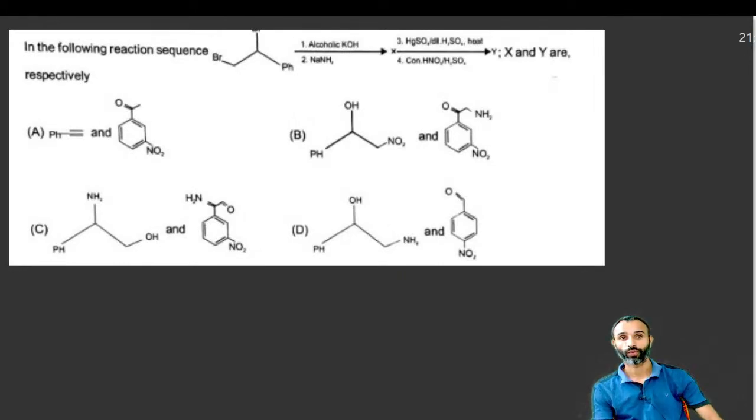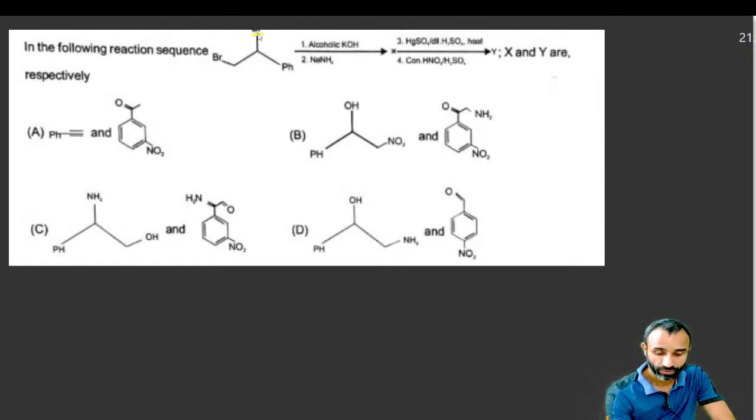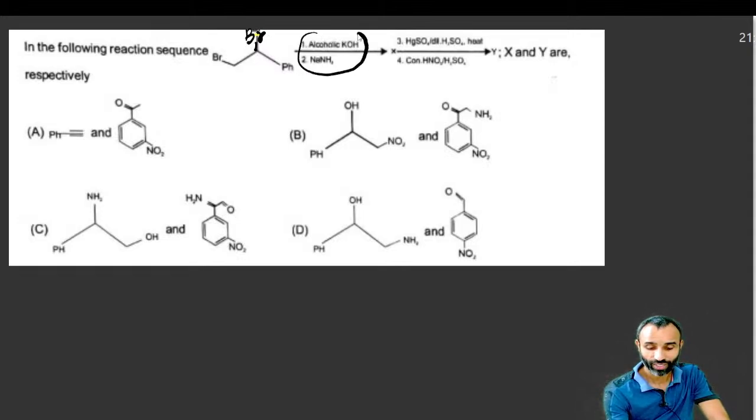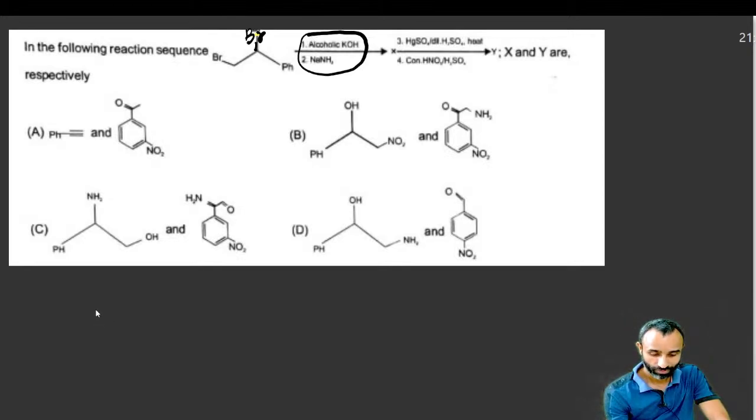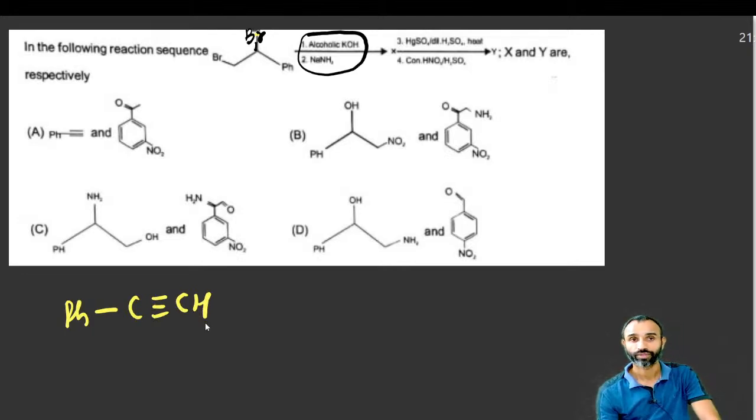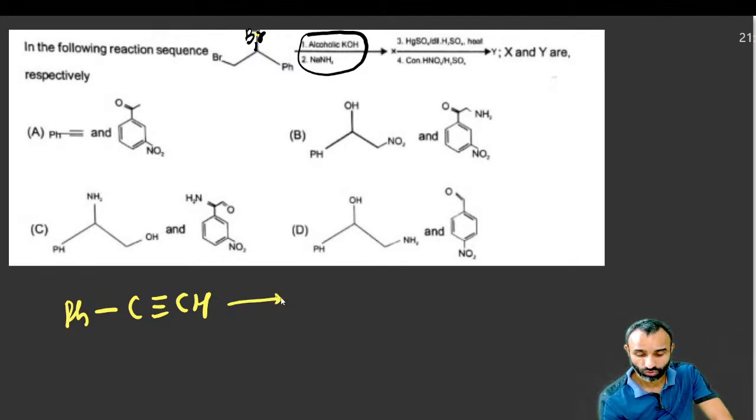Alcoholic KOH and NaNH2. It should be Br, reason being there is alcoholic KOH and NaNH2 both. So it should be Ph, C triple bond CH, because double dehydrohalogenation takes place. Now HgSO4, H2SO4.